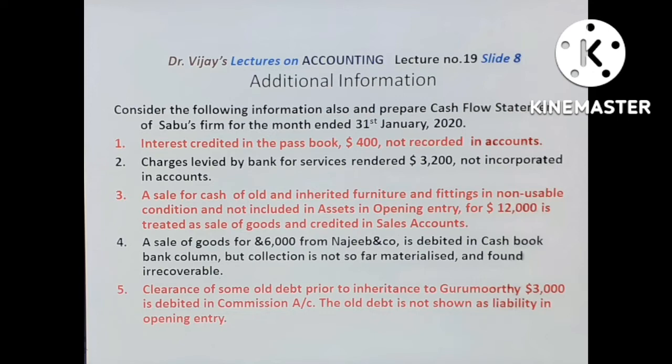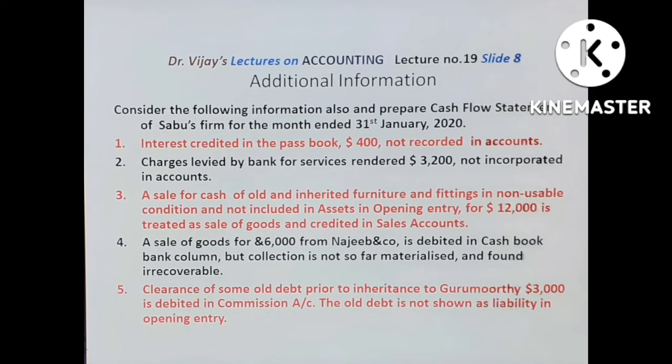The third one is a sale for cash of old furniture and fittings, which was not included in making the opening entry. The $12,000 is treated as sale of goods and credited in the sales account. It was the sale of old, inherited furniture, but it was not shown as furniture and fittings in the opening entry.